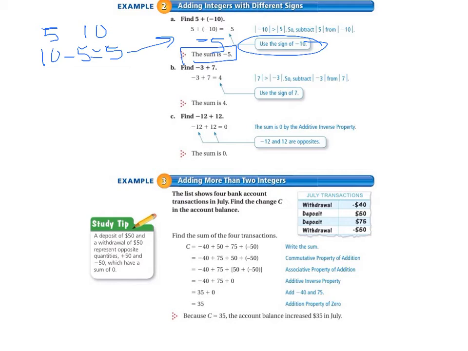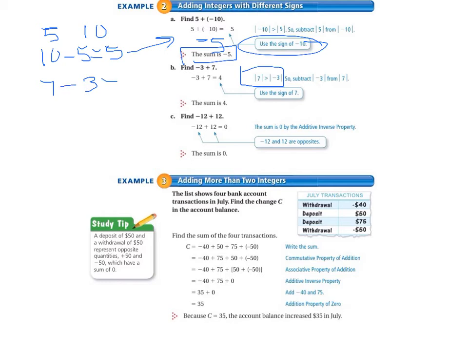Negative 3 plus 7. We'll put absolute value signs around it, which they did for us here, so I'm not going to rewrite that. But we have a 7 and a 3, because those are the absolute values. The 7 was already positive, so it stayed positive. The negative 3 was negative, but it became positive when we took the absolute value.